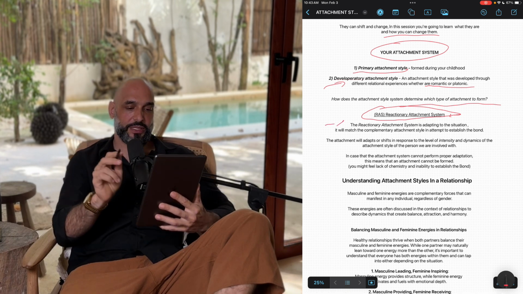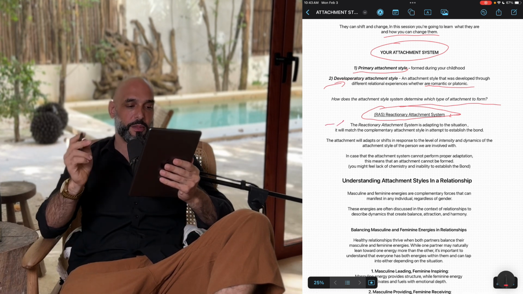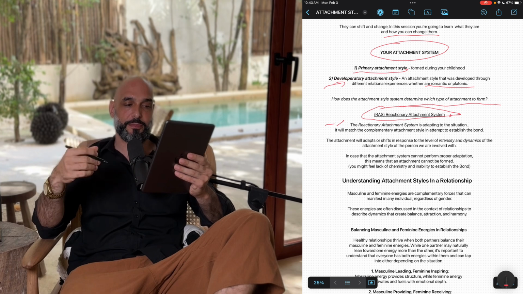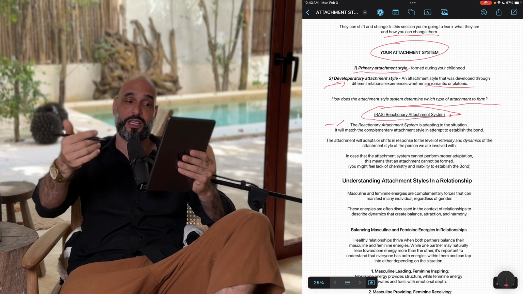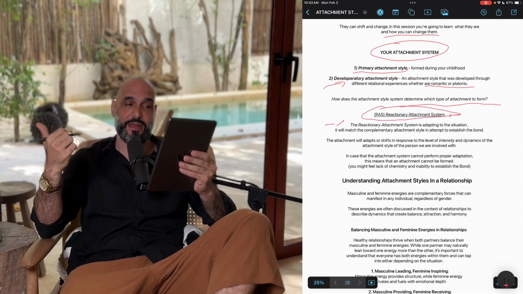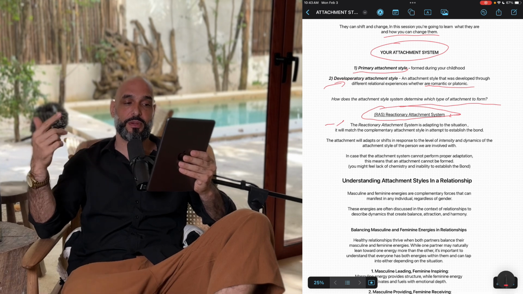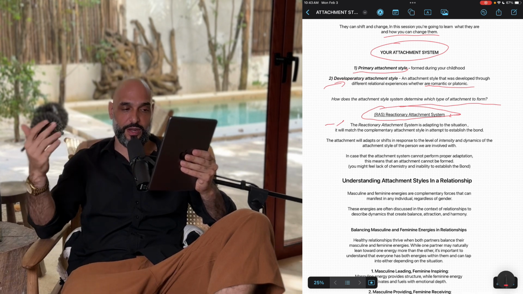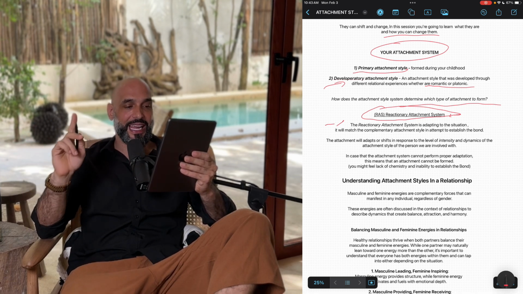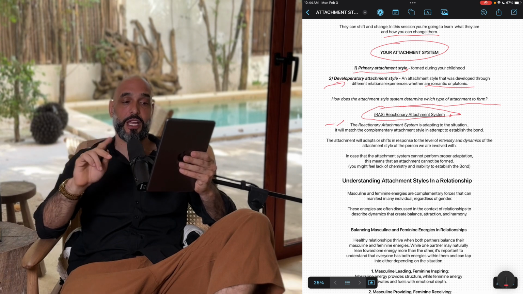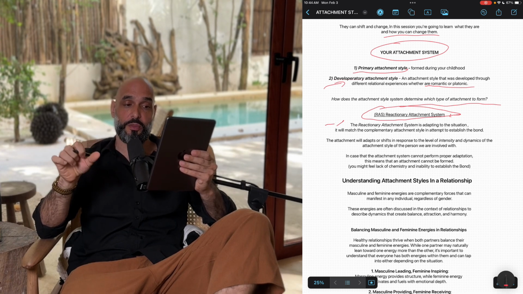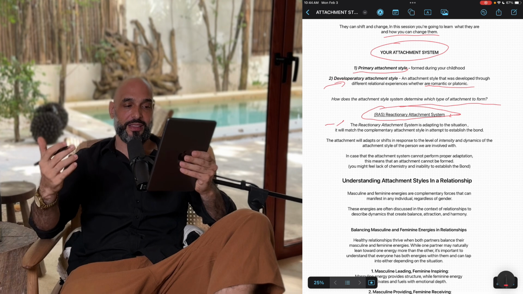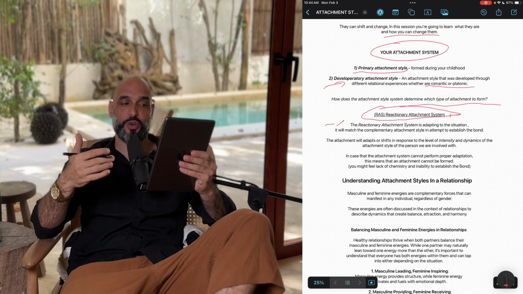Now, the reactionary attachment system, like I said, is adaptable. The attachment will adapt or shift in response to the level of intensity and dynamics of the attachment style of the person you are involved with, that you want to have a romantic relationship with. In case the attachment system cannot perform proper adaptation, this means that the attachment cannot be formed.